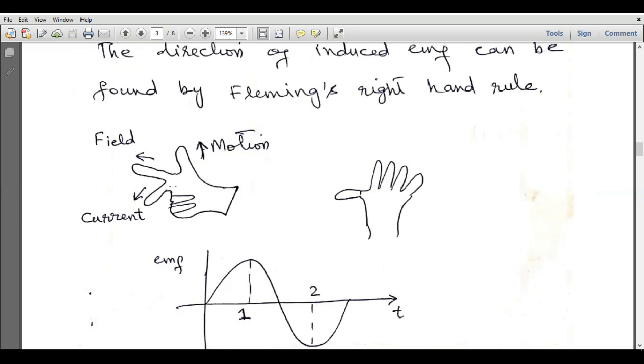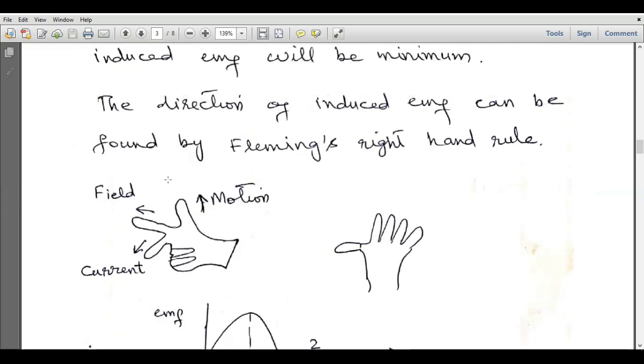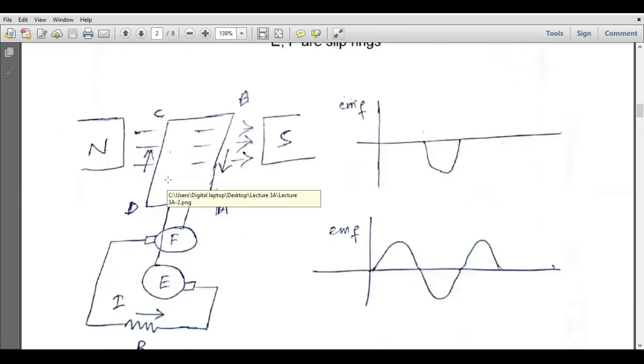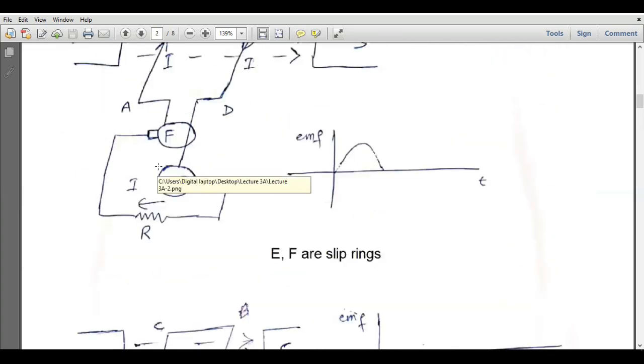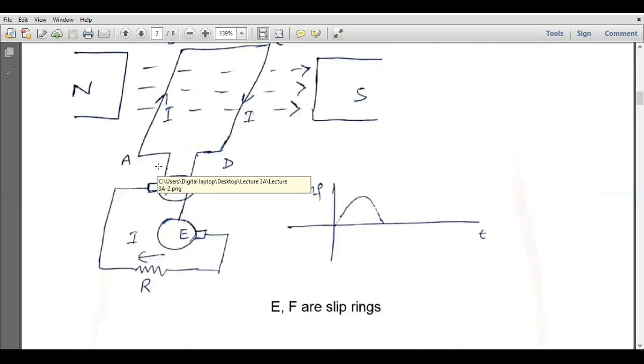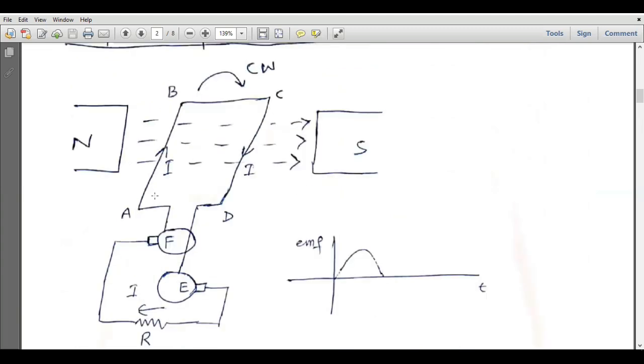So this is the right hand, and with this convention, we can evaluate the direction of the induced EMF. The direction of induced EMF will be the direction of the flow of current. By applying the right hand rule at this side, the direction of current will be upward, and at this side the direction of current will be downward.